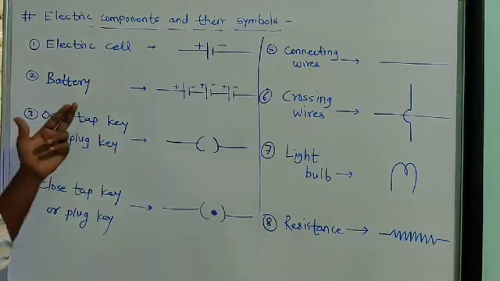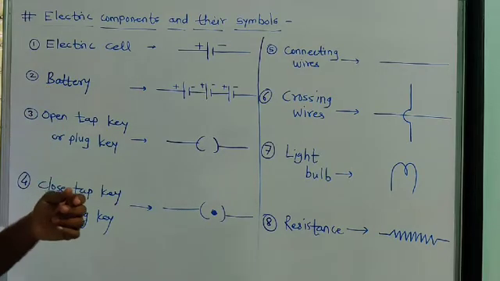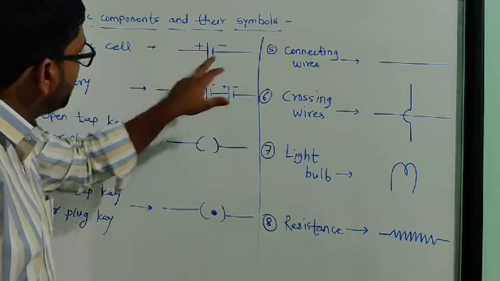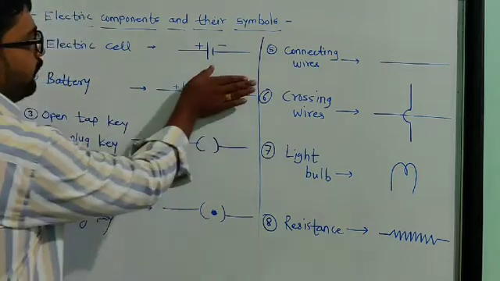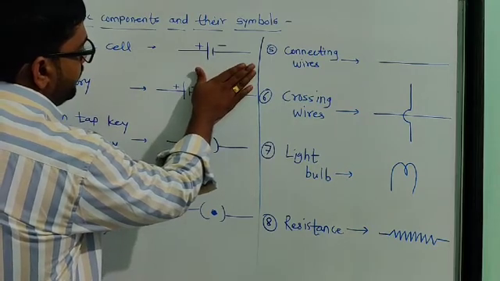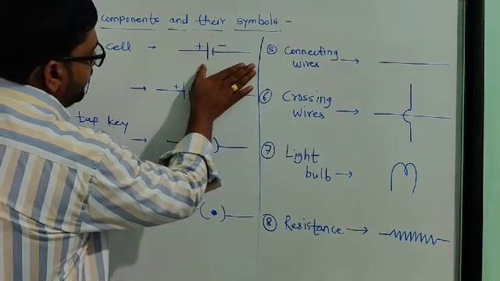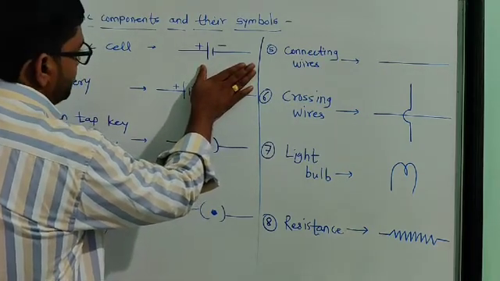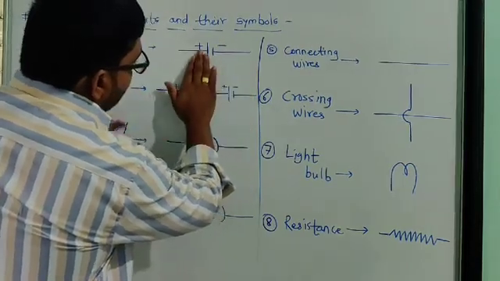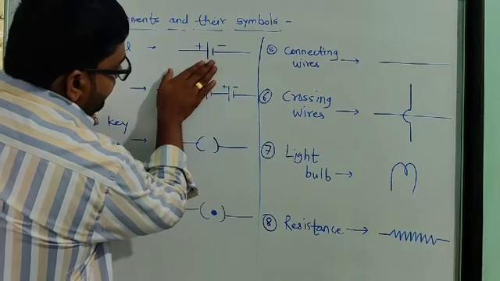Next is the battery. This is the symbol of an electrical cell. Now if you forget the above diagram, just see this first, and we will see what it looks like. Again this is one electric cell and this is also one electric cell.